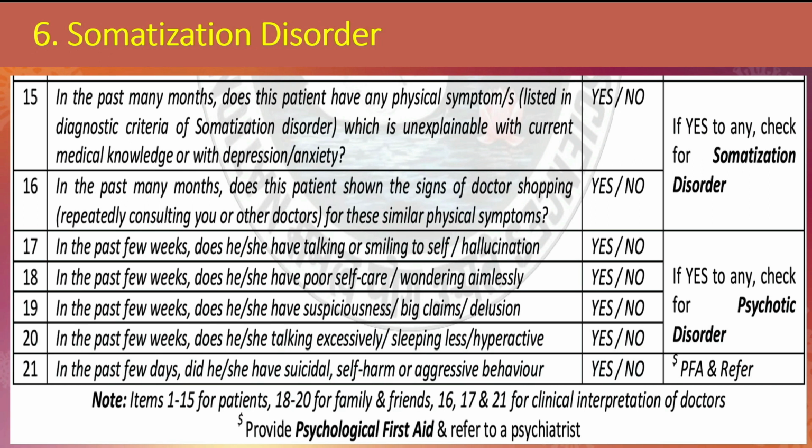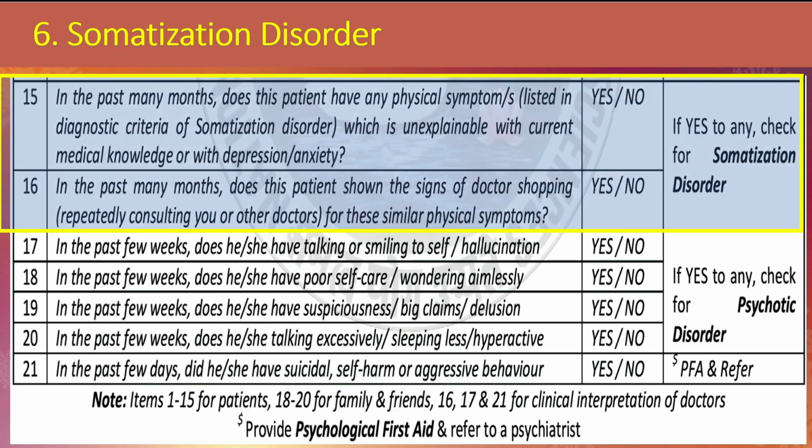Moving to the somatization disorder. Here, questions number 15 and 16. Somatization disorder is very easy to diagnose. The question to be asked is, in the past many months, does this patient have any physical symptoms listed in the diagnostic criteria which cannot be explained by a medical condition?